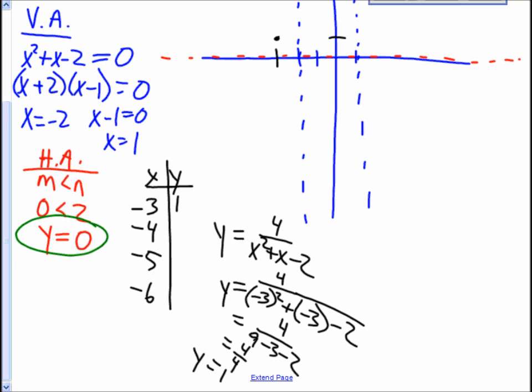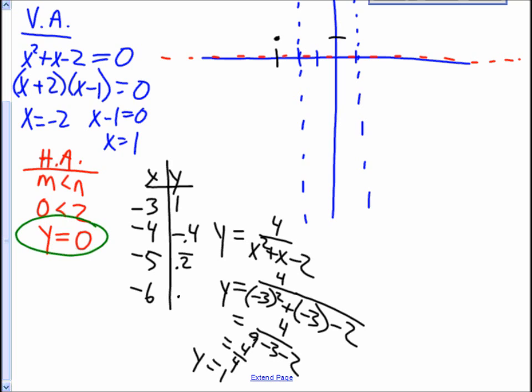You plug in -4 the same way. I'm going to cheat and plug it in here real fast. So -4 is going to spit out -0.4, -2/5. You plug in -5 the same way. 0.2 repeated, it looks like.